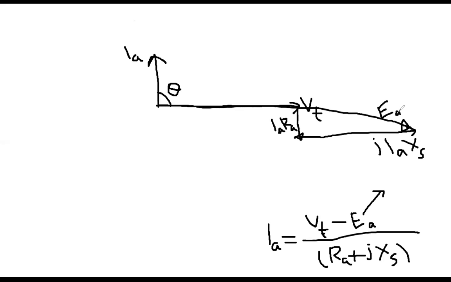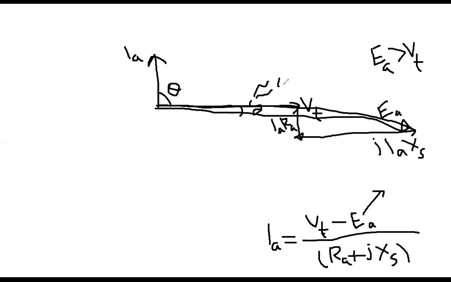This makes sense that it is overexcited, because EA will be much greater than VT. And can you see the delta? Although I drew by hand, there can be a very small angle delta, but that delta will be pretty close to 0 degrees.